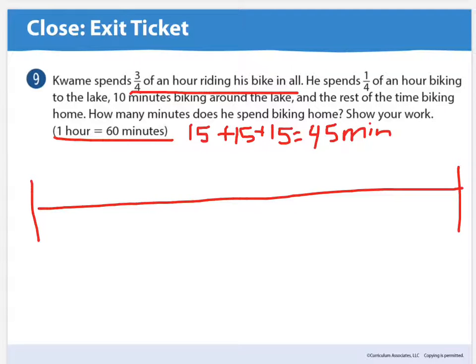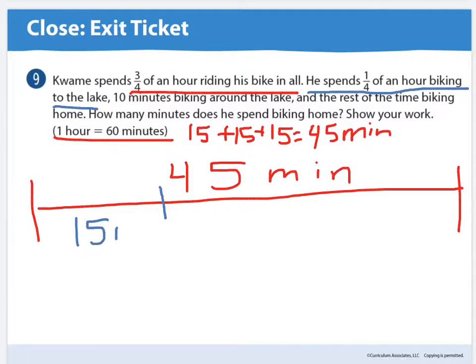So we know that this whole entire time is 45 minutes. Okay, then we know that he spends 1/4 of an hour biking to the lake. So we know that 1/4 of an hour is equal to 15 minutes. So I'm going to put a little check here, and this is he spends this 15 minutes going to the lake.